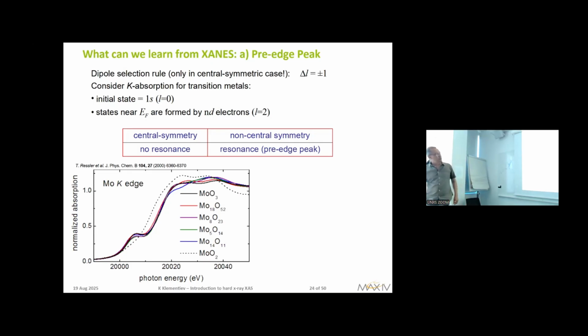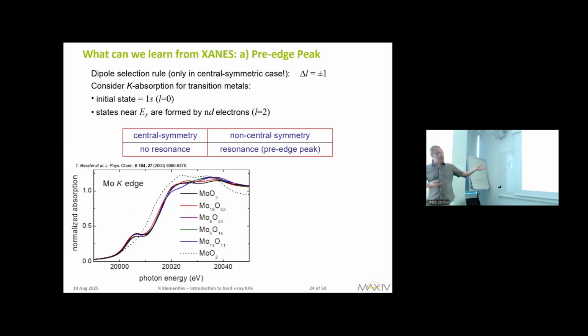And indeed, when we look at the absorption spectrum, because it is centrally symmetric, the direct transition to these free states near the Fermi level is forbidden. You see? And they are possible for these distorted structures. This is very simple experimental information about your sample.